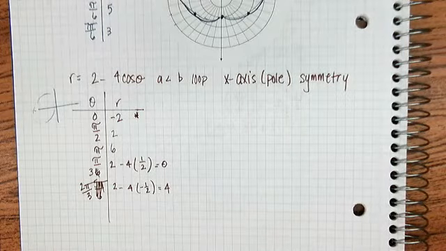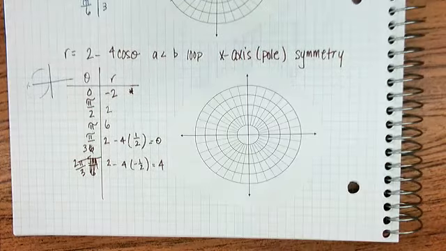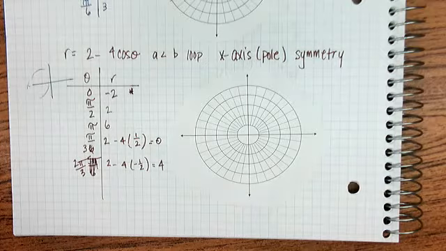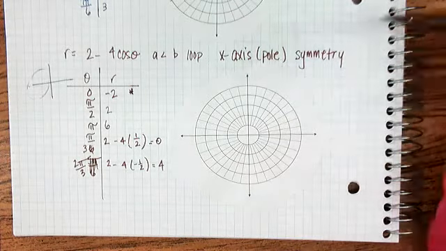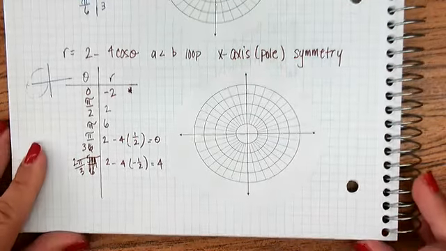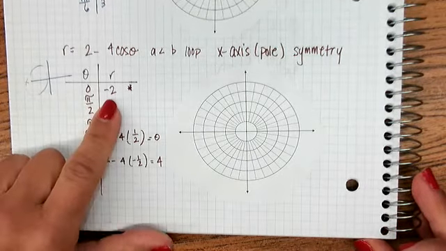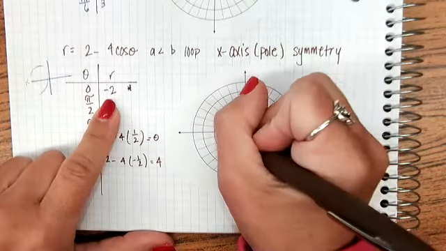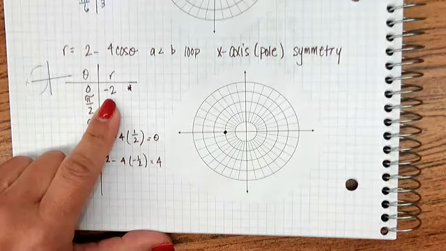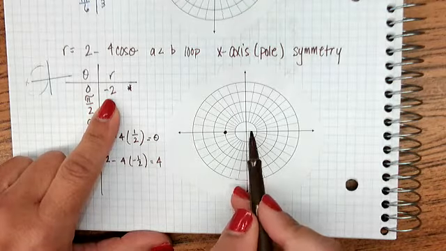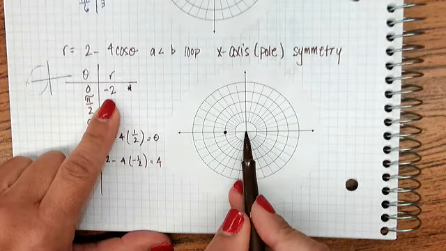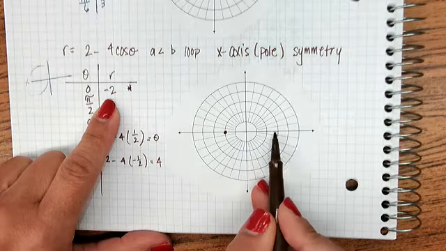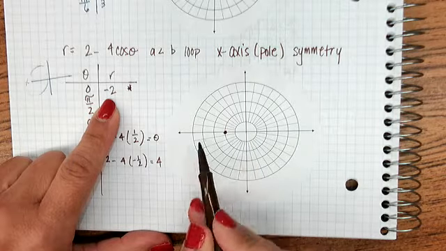All right, let's draw a graph. Knowing the symmetry will save you a lot of time when it comes to plugging in points. Okay, so 0, -2, be careful. The angle is 0, which is the x-axis, and then instead of going to the positive radii, you move in the negative direction.